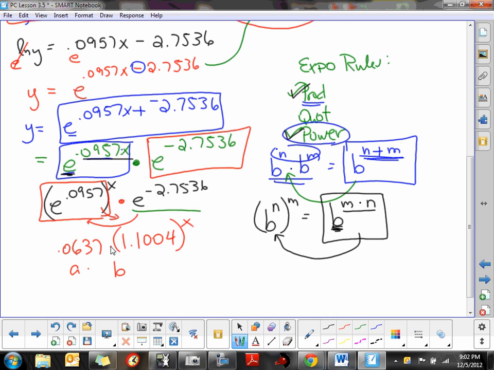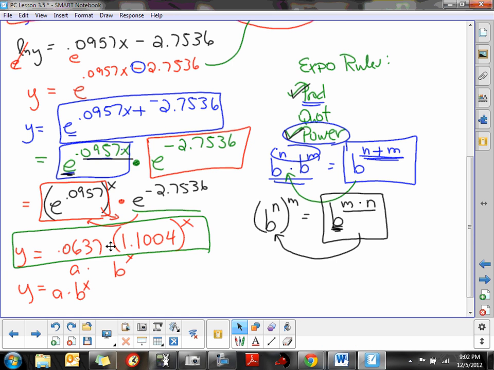So now we've got this in the form of a times b to the x, which is the form of an exponential equation. So this, hopefully, after all that work, is going to model the original data well.